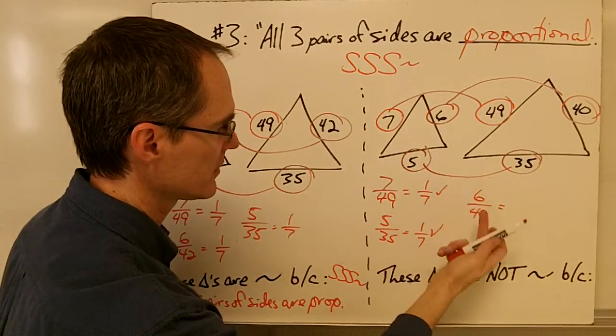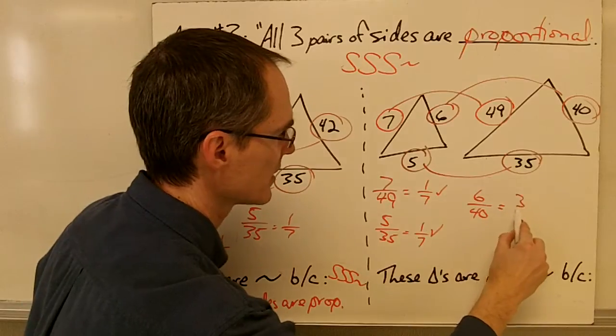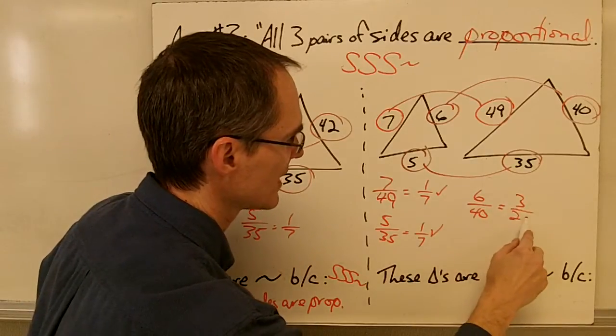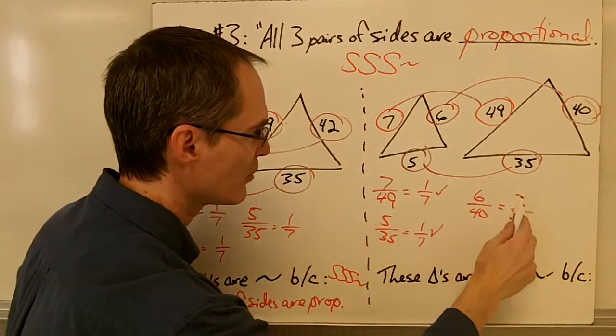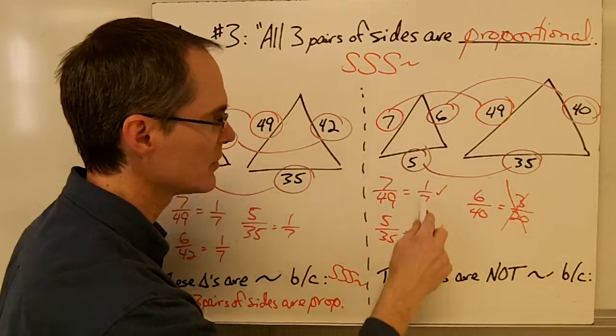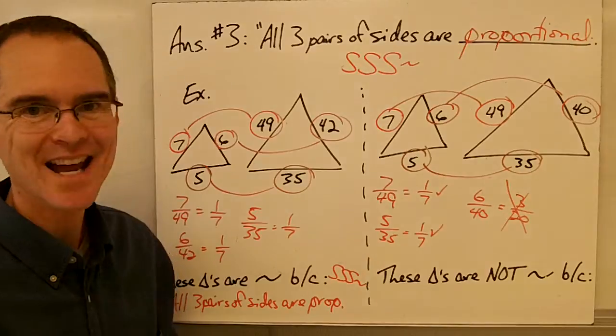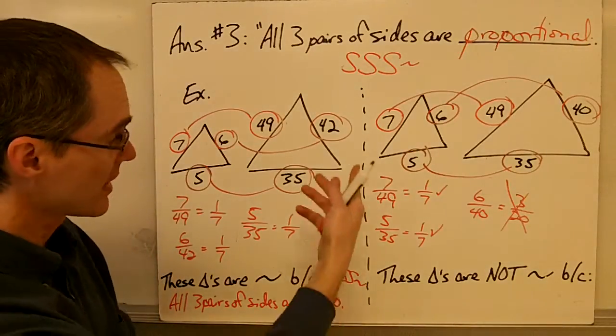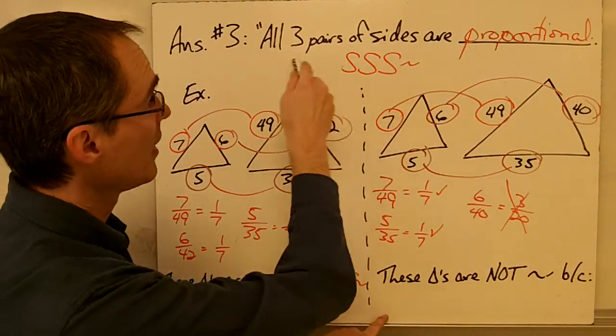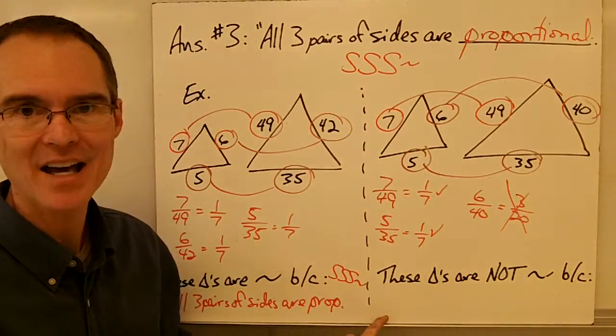That gives me, 2 into 6 3 times, 2 into 40 20 times. And that one is not equal to these other two. So therefore, I know that these two triangles are not similar because all three pairs of sides are not proportional.